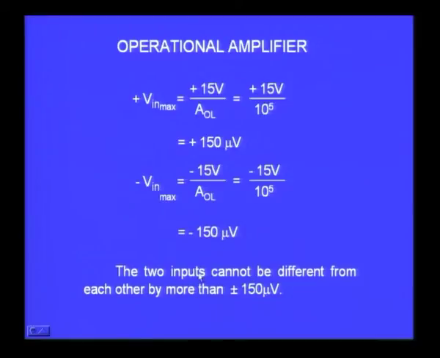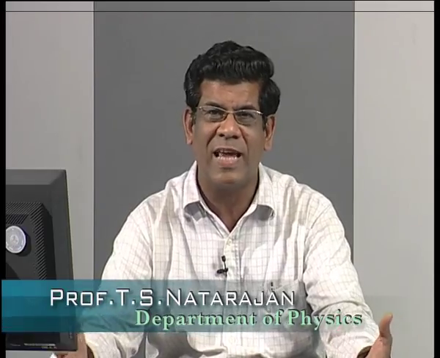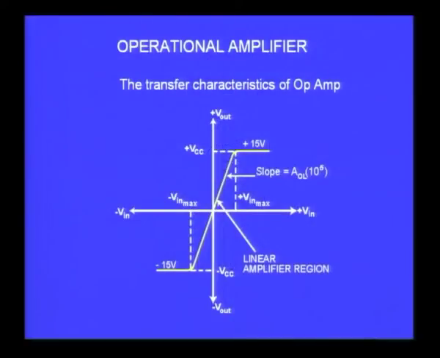So, at any time when an amplifier is constructed using op amp, the two inputs cannot differ from each other by more than plus or minus 150 microvolt. 150 microvolt is such a very small value that in principle you can use it as a thumb rule that in any amplifier using op amps, the two inputs should be almost at the same voltage level. This is a very important concept which will help us to understand many of the things.